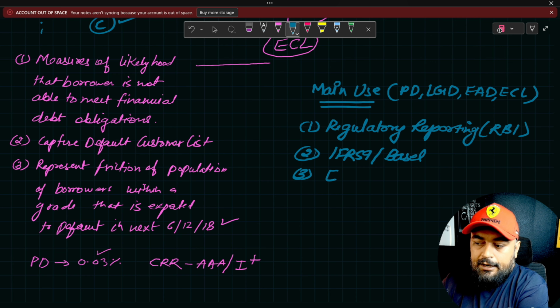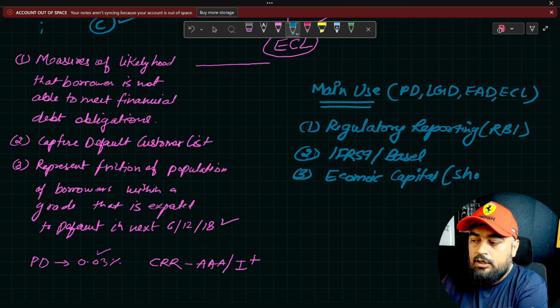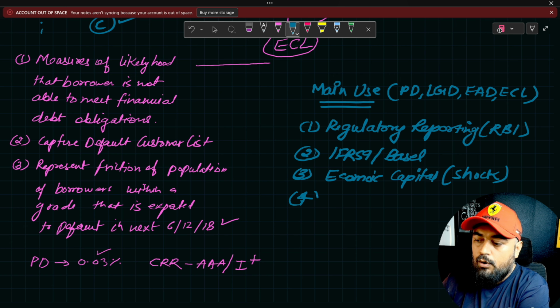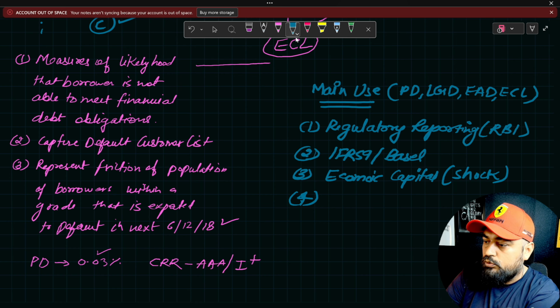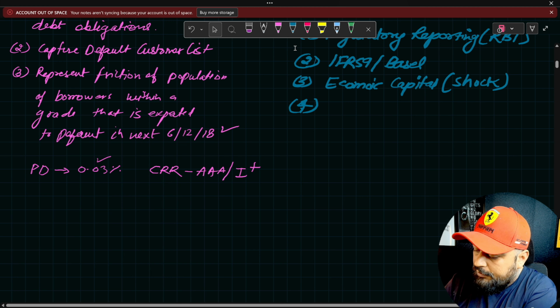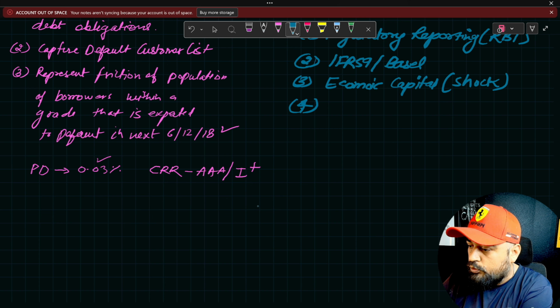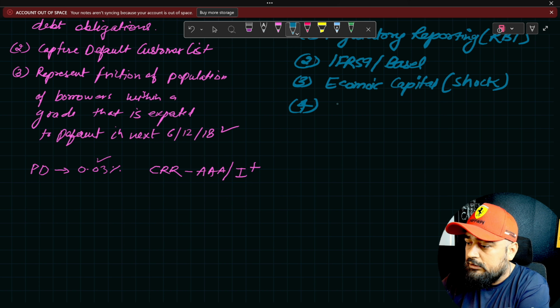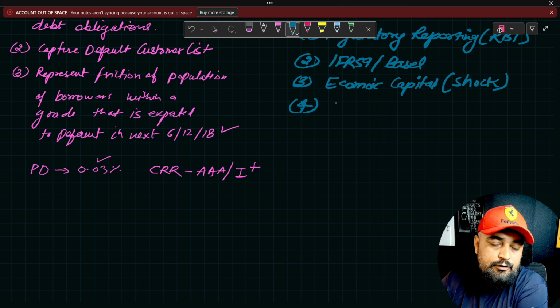Third, it helps the bank manage economic capital to absorb any shock in the market. That is the third most important use, that banks should be able to absorb that shock in terms of stress in the economy, right?